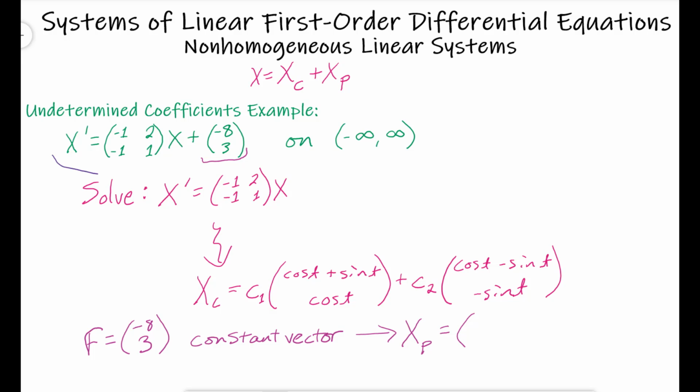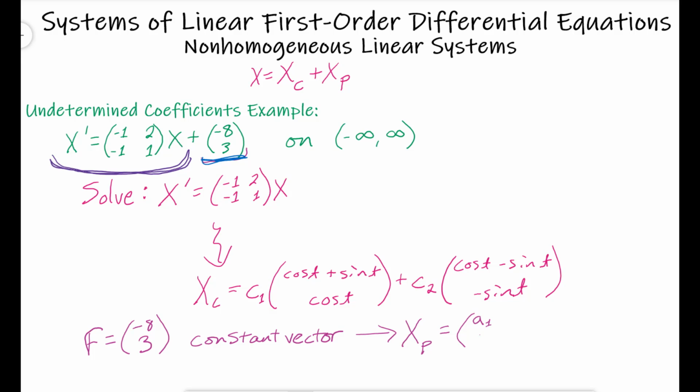We just solved all this. So this next part is all about dealing with this negative 8, 3 part. So our particular solution should look like constants. It's going to look like a constant vector also.